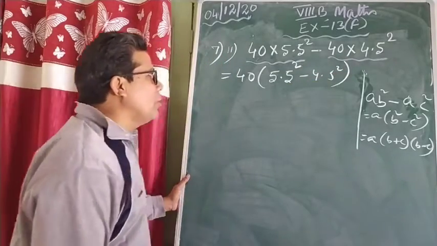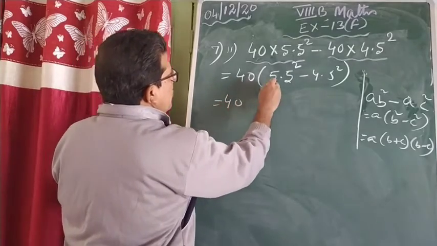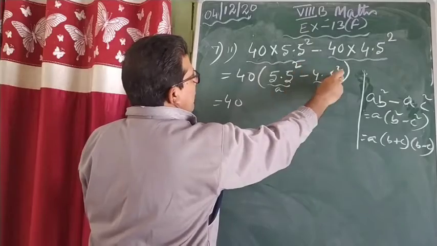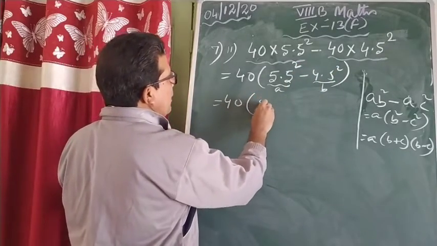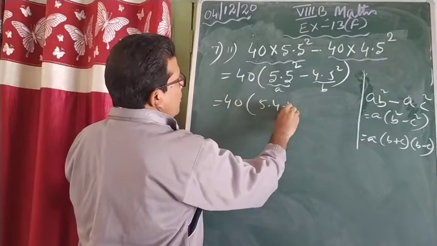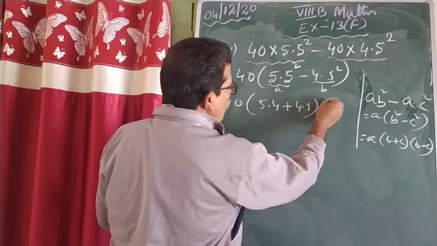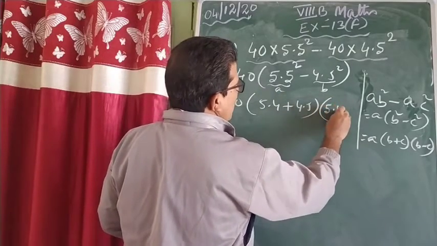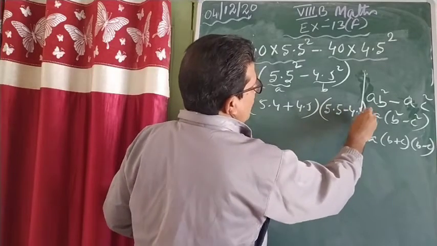I hope it is clear to you. Now, this is 40. This one you take as A, this one you take as B. So this is A square minus B square. What is the formula? A plus B into A minus B. I hope it is clear to you.